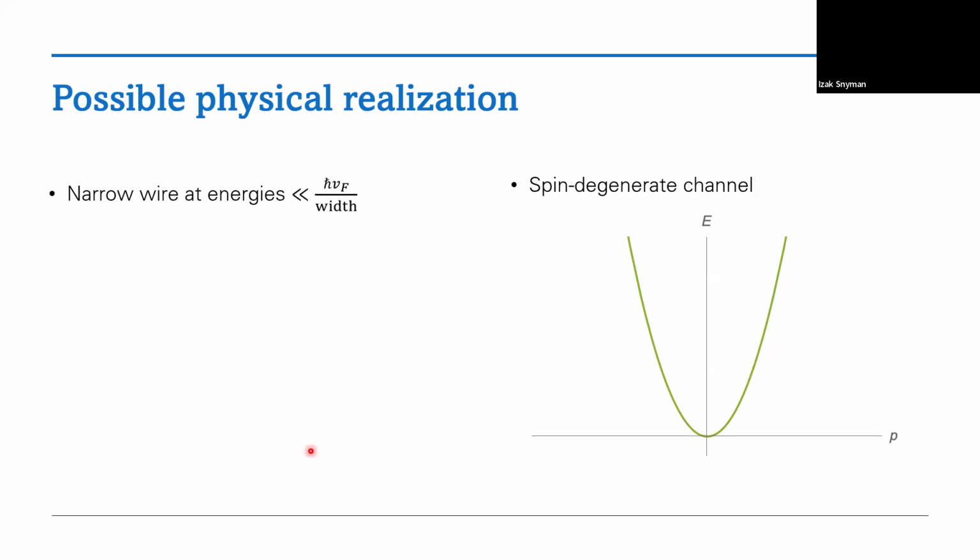That's very interesting to look into. Okay, so here's a possible way to realize this physically. You start with a very narrow one-dimensional piece of metal. If the width is small enough, then you can have a single spin degenerate channel in the dispersion relation.